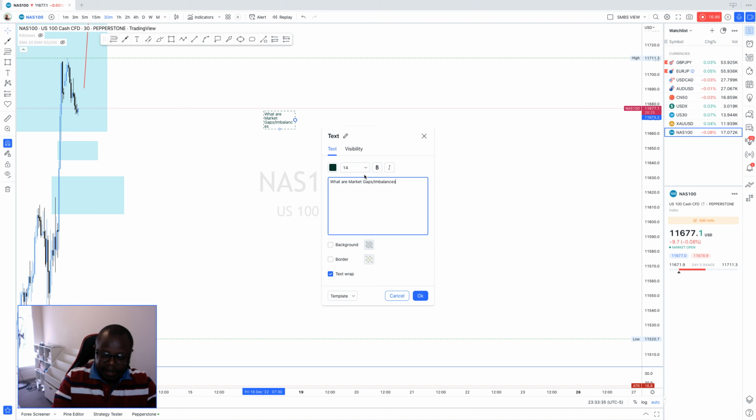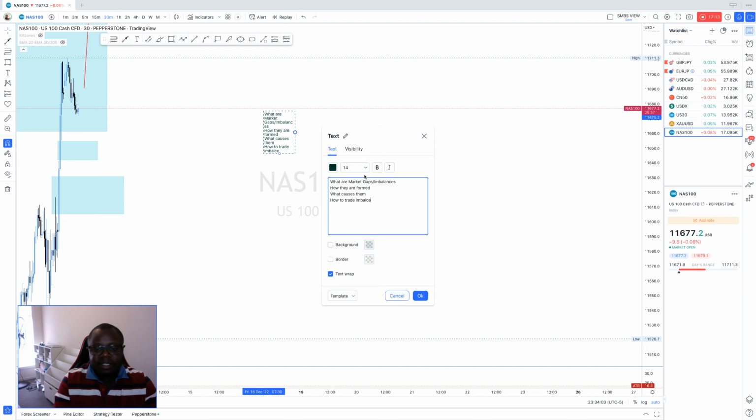Number two, we have looked at how they are formed. You have said that they are formed when there's pressure of the market to one side, or when there is economic news, or when the market is in a break. Number three, what causes them.